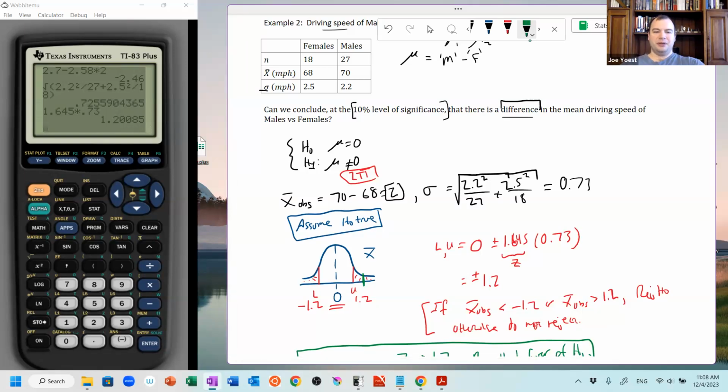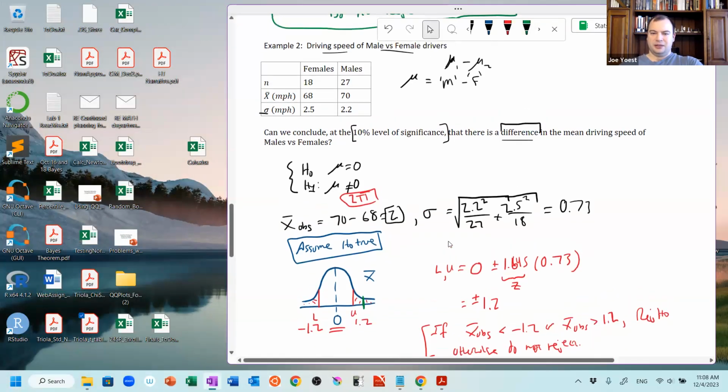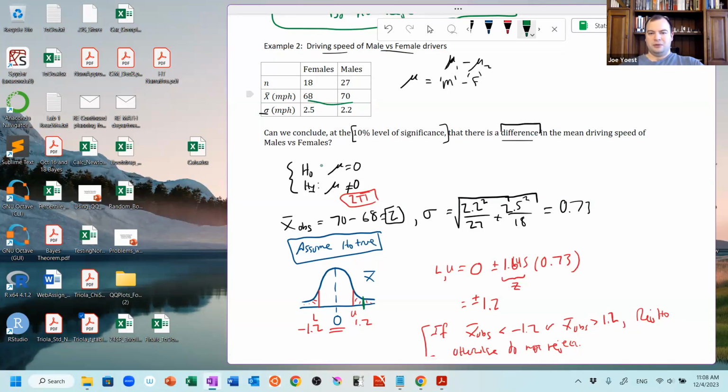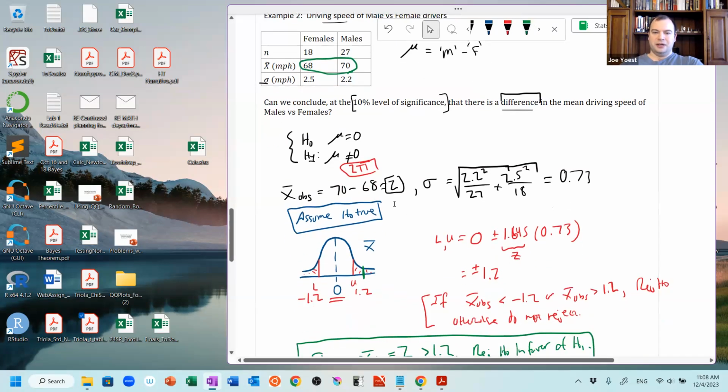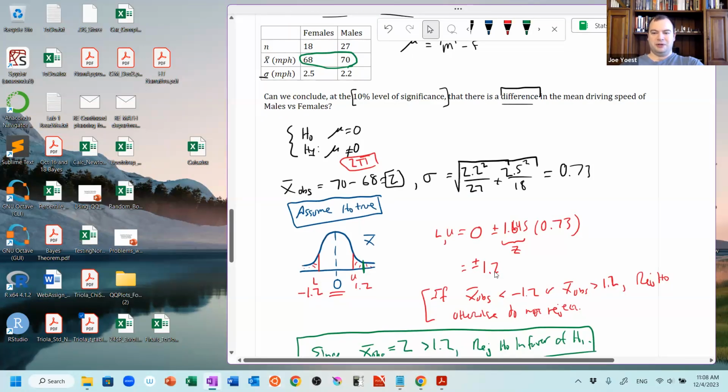Now this brings up an idea that we'll talk about in the upcoming presentation. What does the effect size seem to be? Not very large, right? Or if I was going to make a confidence interval for the difference between the two means, it would be something like from 0.8 up to like 3.2.